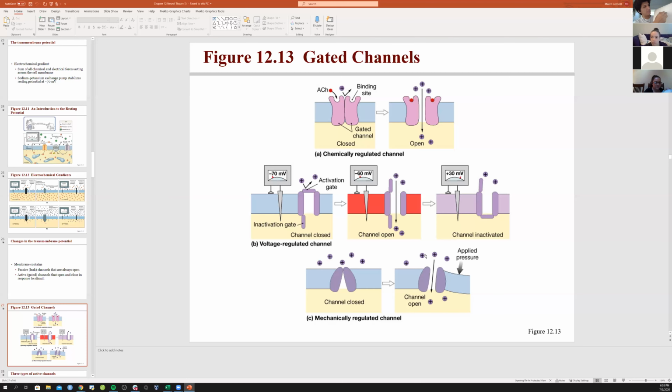What does positive 30 mean? It means there's now more sodium in the interior of the cell. The sodium potassium pump actively pumps the sodium out.